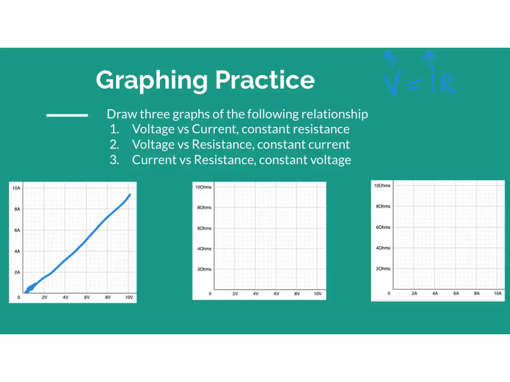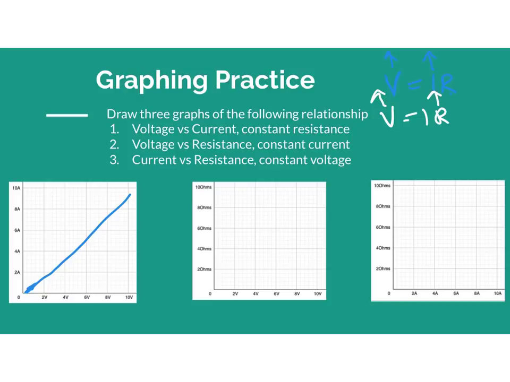Now, the next one, voltage versus resistance. Let's draw this in white so we get a better look. So V equals IR. So we have voltage here. If voltage goes up, at a constant current, then the resistance might go up. Now you're probably asking, how can the resistance go up?